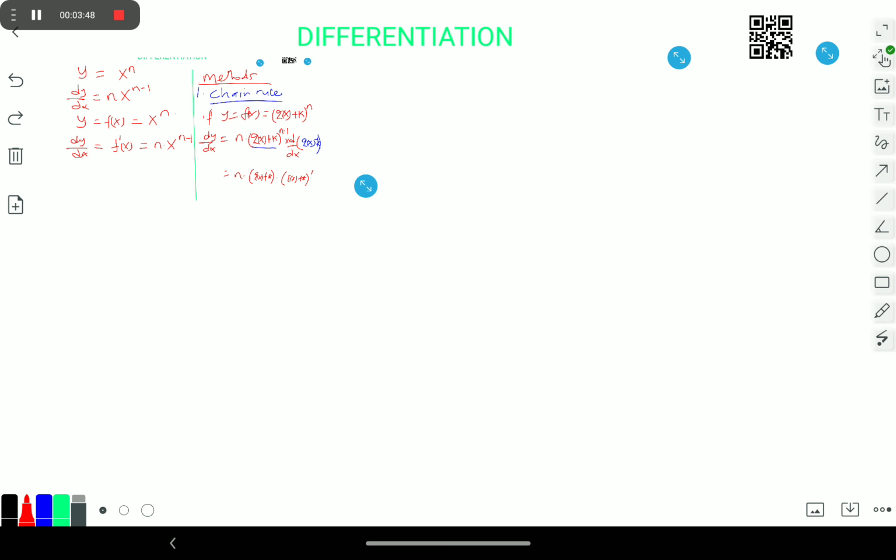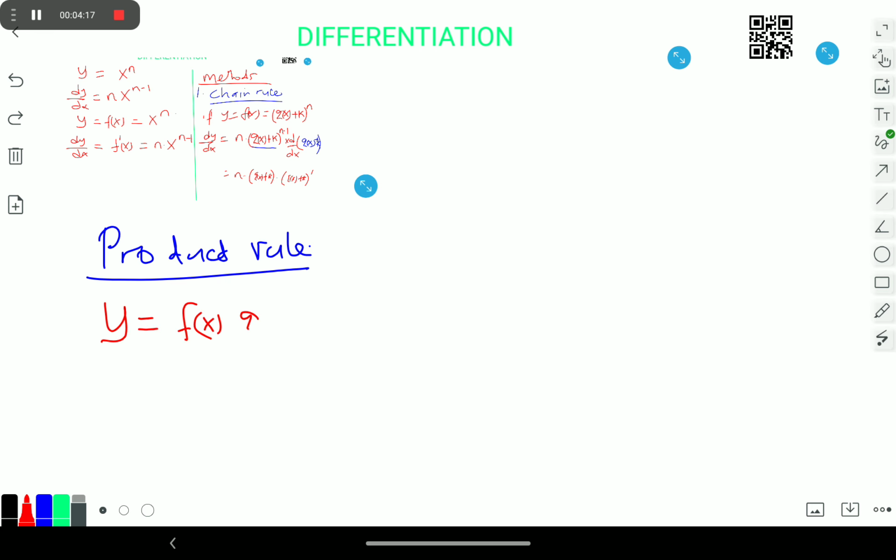The next one is the product rule. This works if you are given two functions, y is equal to f(x) times g(x).